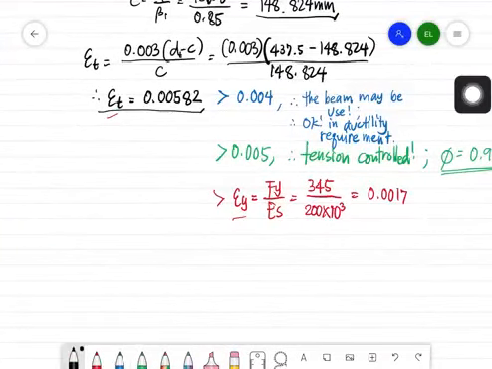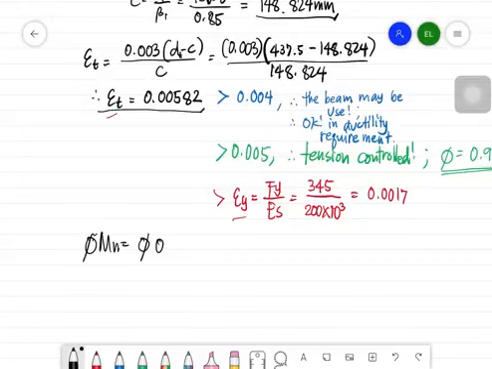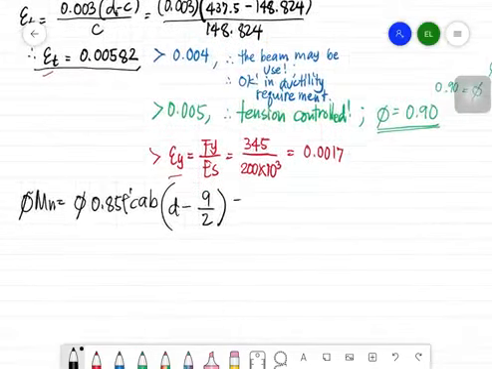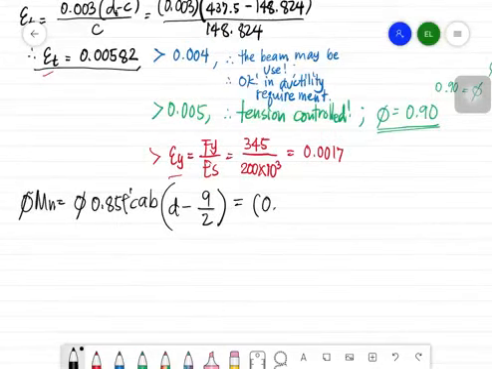So phi Mn is equal to phi times 0.85 f'c a b, times d minus a over 2, wherein phi is 0.9.